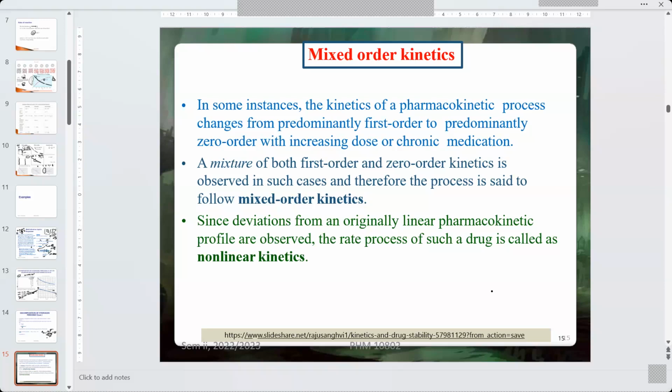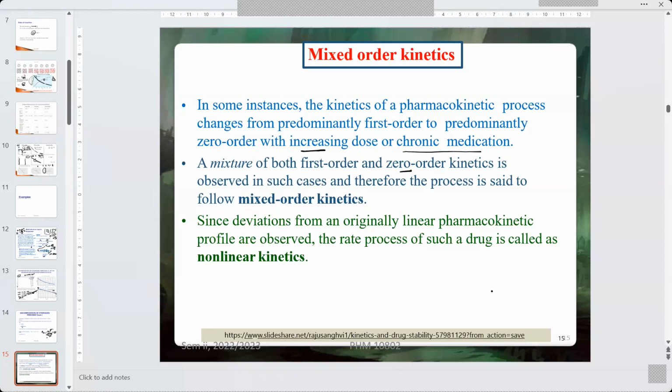Okay. So here we talk about reactions that may happen in the body. A mixture of both first order and zero order kinetics is observed in such cases, and therefore the process is said to follow mixed order kinetics. It means at some stage the reaction may follow first order, and in another case, the reaction may follow zero order kinetics.